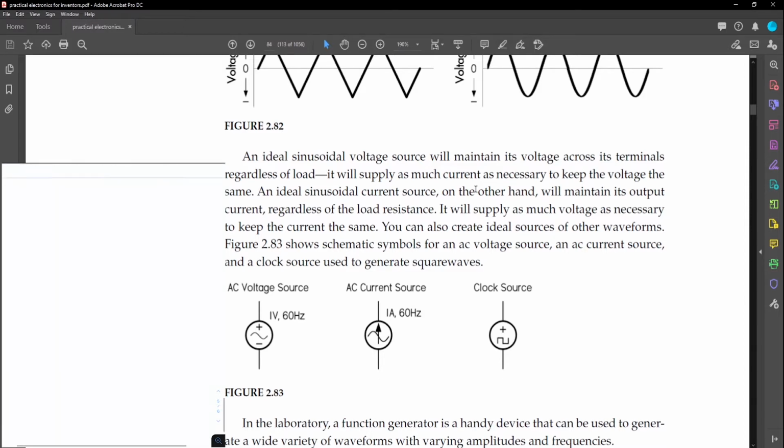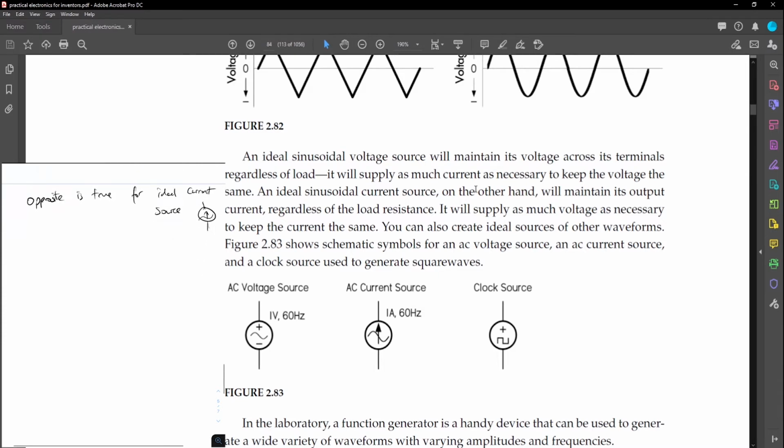Okay, got it. So the opposite is true for an ideal current source, which is this symbol.